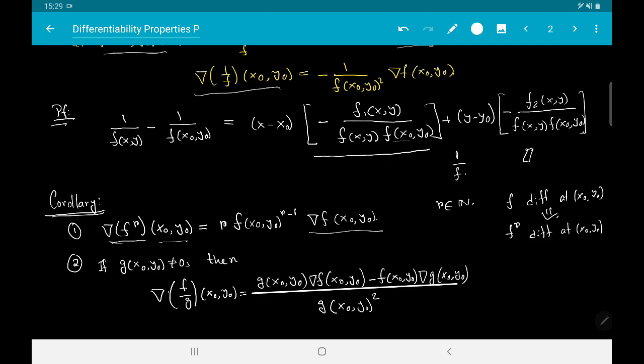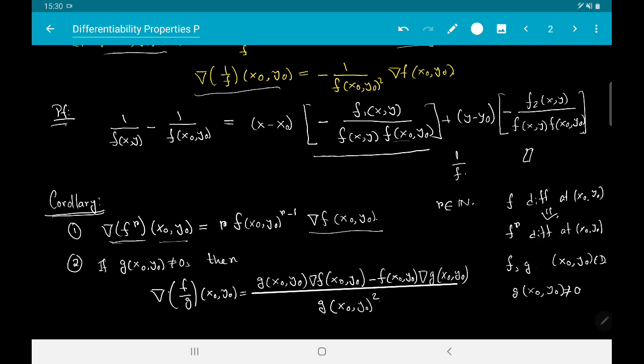Now let us combine everything together. Suppose that we have two differentiable functions, f and g, which are differentiable at an interior point x0 y0 of our domain, and g of x0 y0 is not equal to 0.